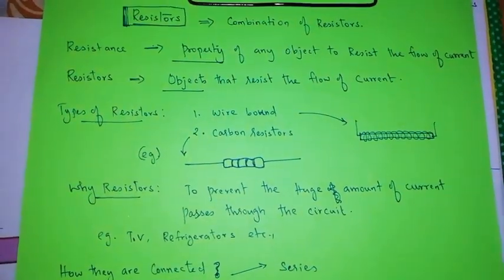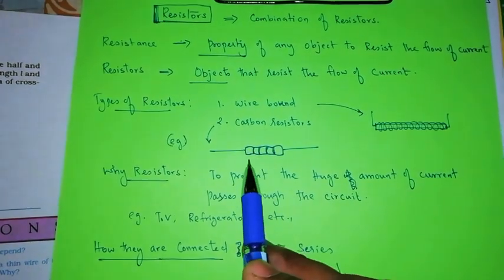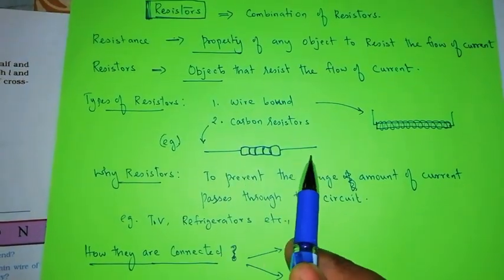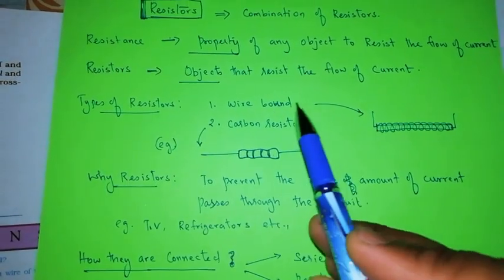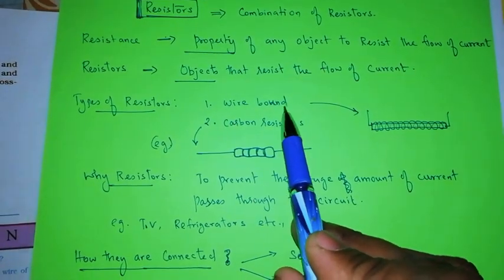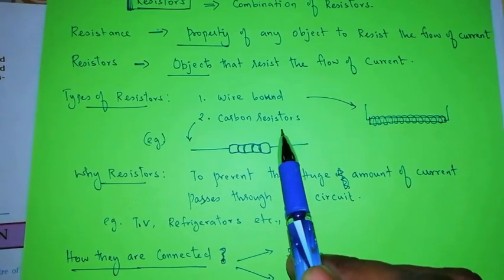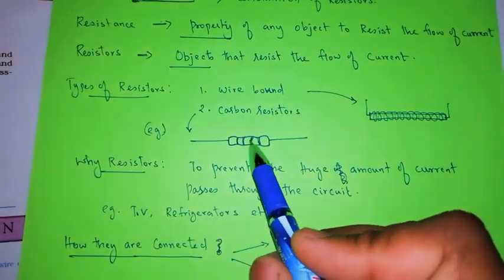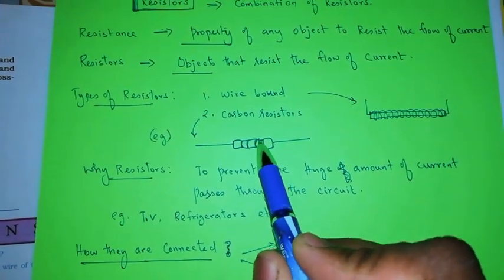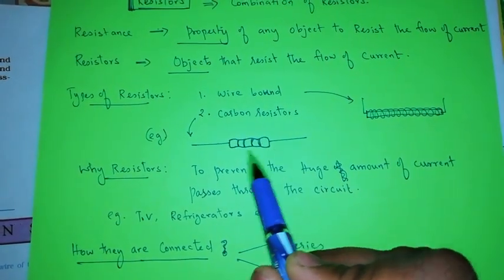You can see this kind of resistor in the diagram I have drawn. There are two different types of resistors. Some are wire bond resistors, another are carbon resistors. This is somewhat like a carbon resistor, and you can see some colored lines on these small resistors.